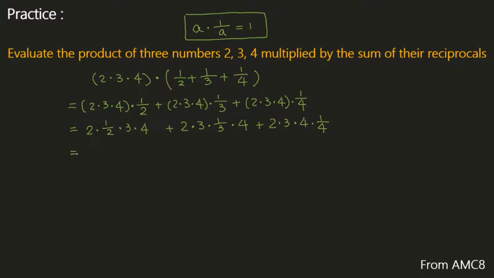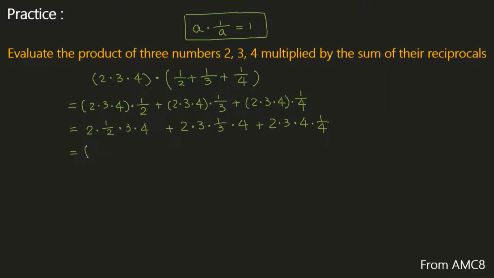Now next, we're going to use the associative property. We're going to group the 2 and 1/2 together to evaluate that first. We're going to group 3 and 1/3 together to evaluate that first. And we're going to group 4 and 1/4 together to evaluate that first.